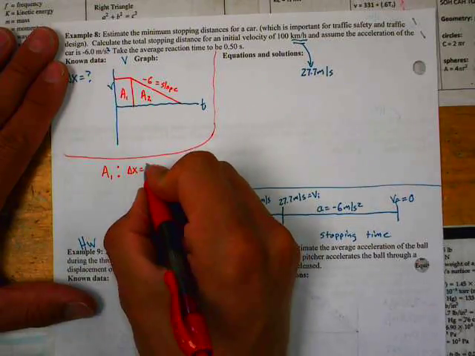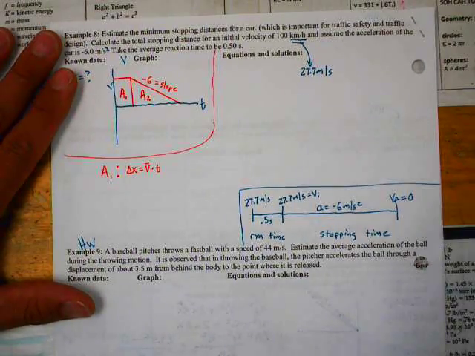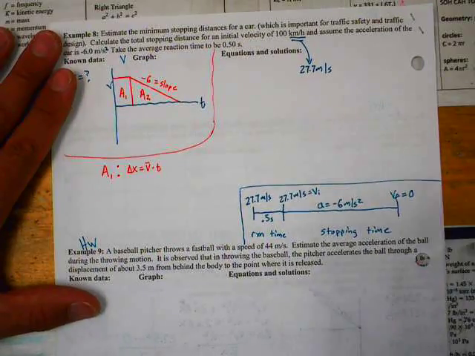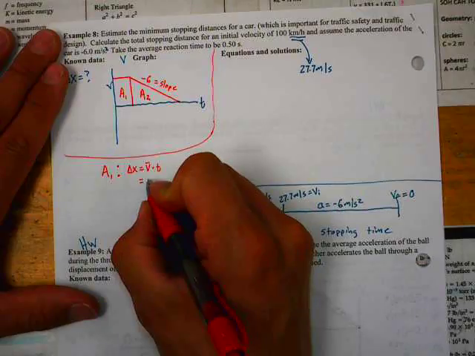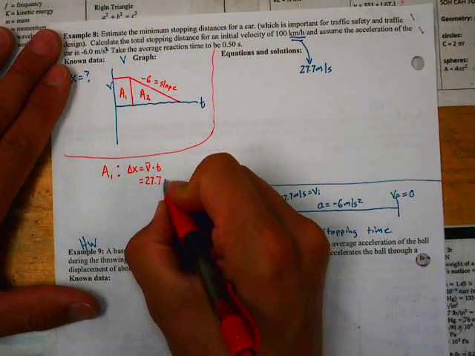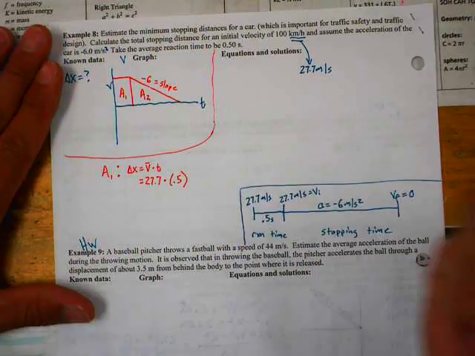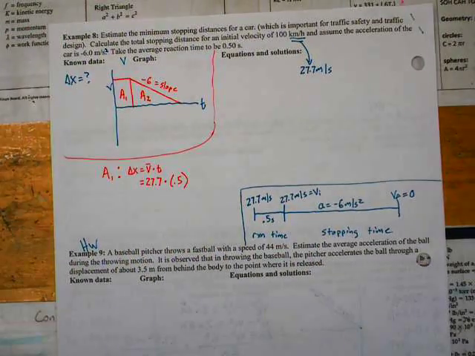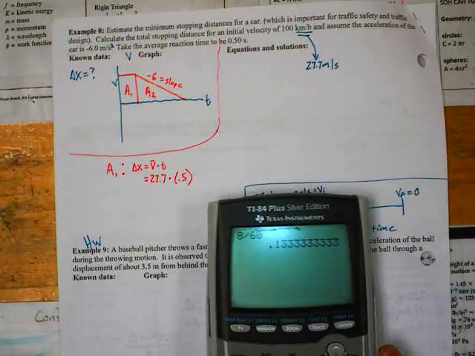And we could put a bar over that saying average velocity if we wanted to. And that's on your page of notes on the front side. So our velocity is 27.7, and the time is half a second. So let's figure that out.